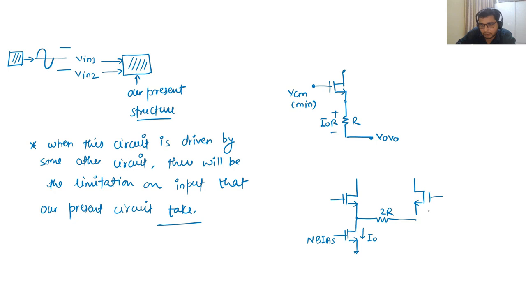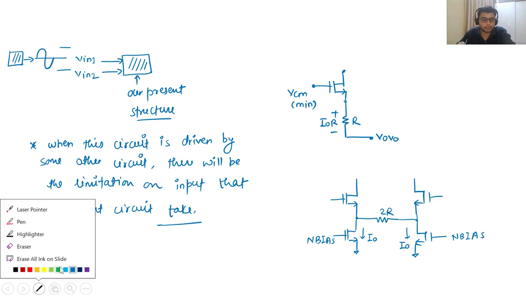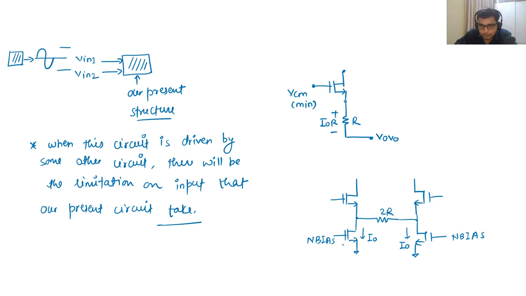As I want to keep my overdrive the same, if this is I naught, I'll reduce the size to W only. As the current is I naught, the size is W. So this point has the overdrive it had previously.